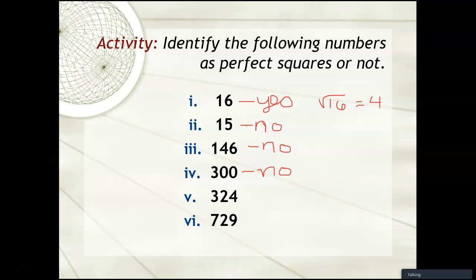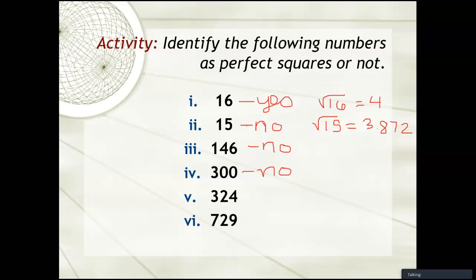If you take the square root of 15, because it's not a perfect square, you get 3.872. So it's kind of like the same as saying, is it rational or irrational?